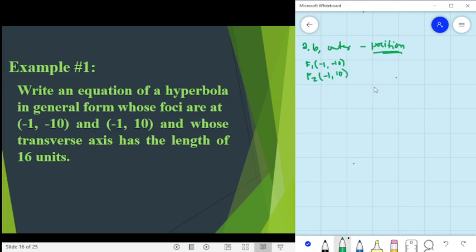Okay, so in order to find the center, since sa atong discussion ganina, so notice that the center is the middle point of the two foci. So that's why we are going to use the formula of getting the midpoint. So again, to find the midpoint, we have x sub 1 plus x sub 2 all over 2. Then y sub 1 plus y sub 2 all over 2.